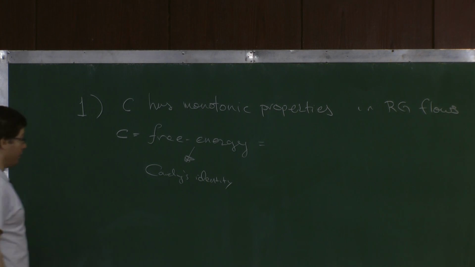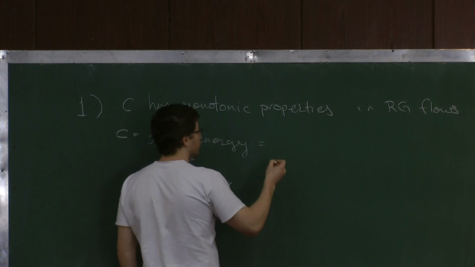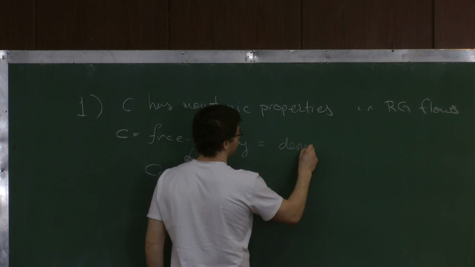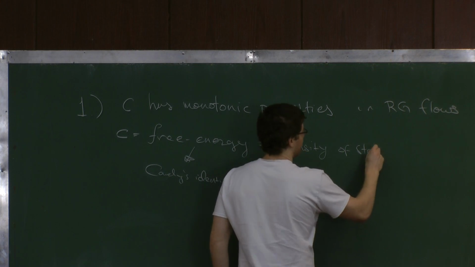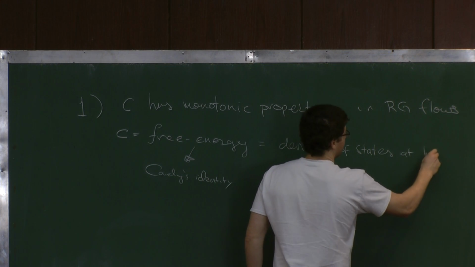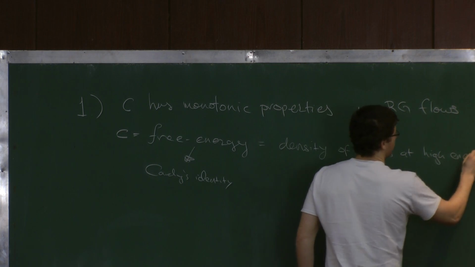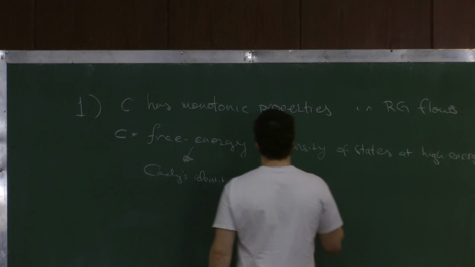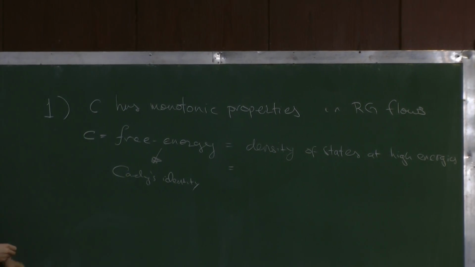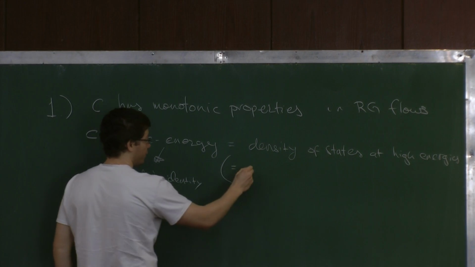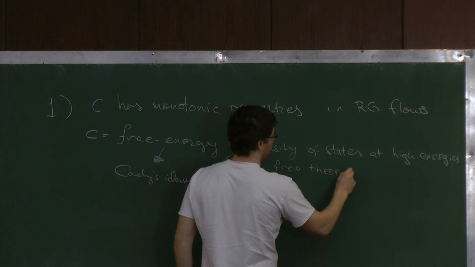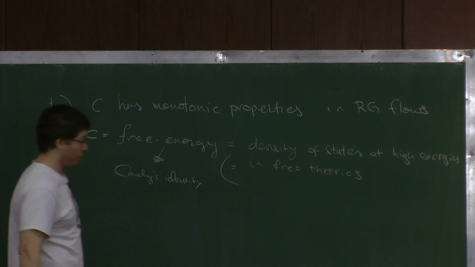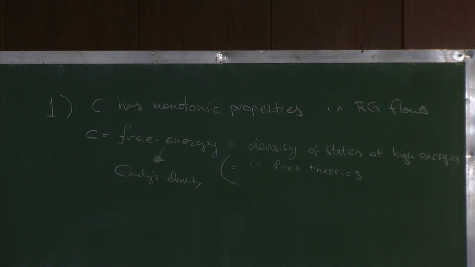So it's the free energy density, of course. C can also be shown to be equal to the density of states at high energies. And in free field theories, it also agrees with what you would call the naive number of degrees of freedom.